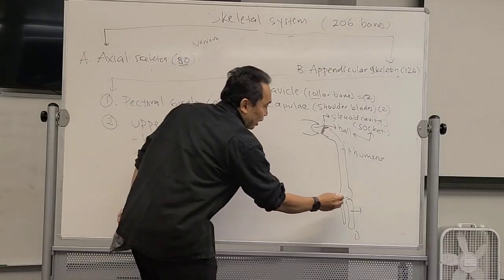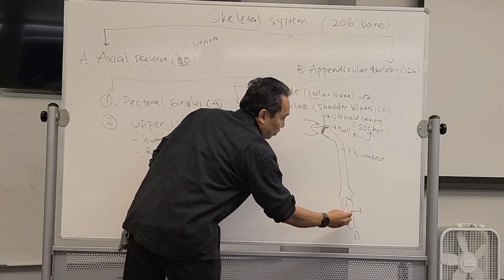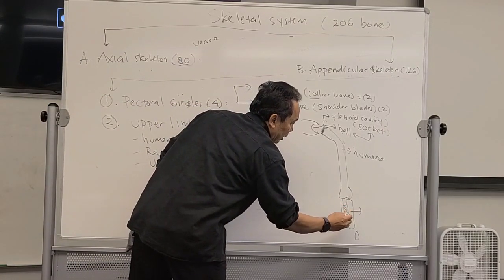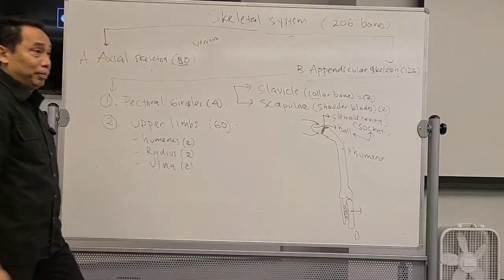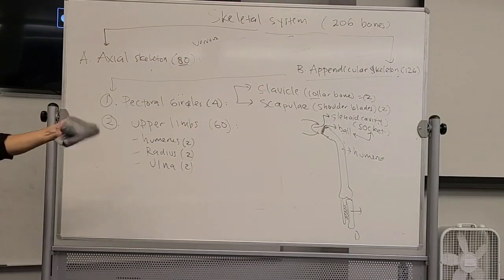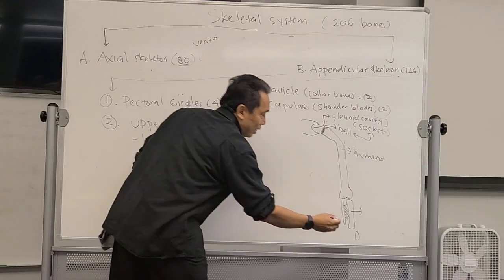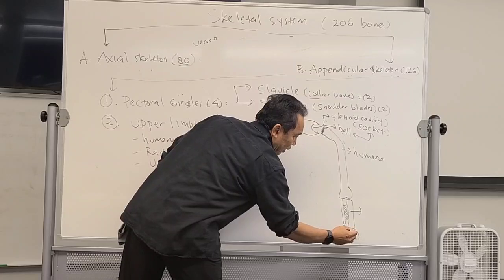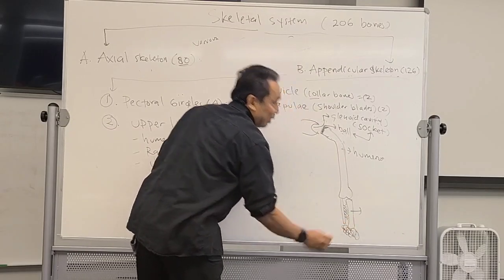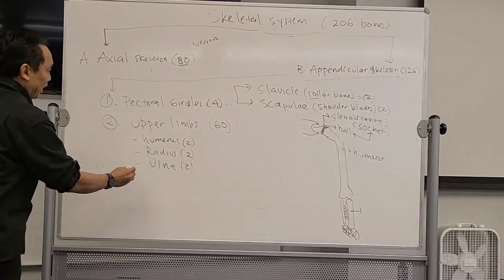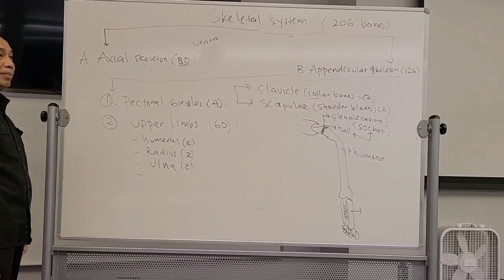They are connected with fiber over here. There is fiber that connects these two bones. We're gonna learn that later when we talk about joints. And then under the ulna, you have 8 bones over here. Anybody know the name?